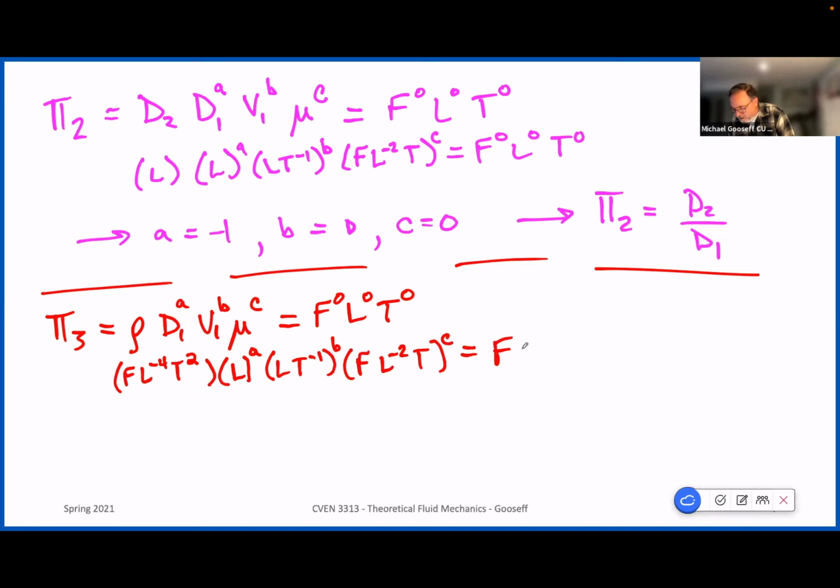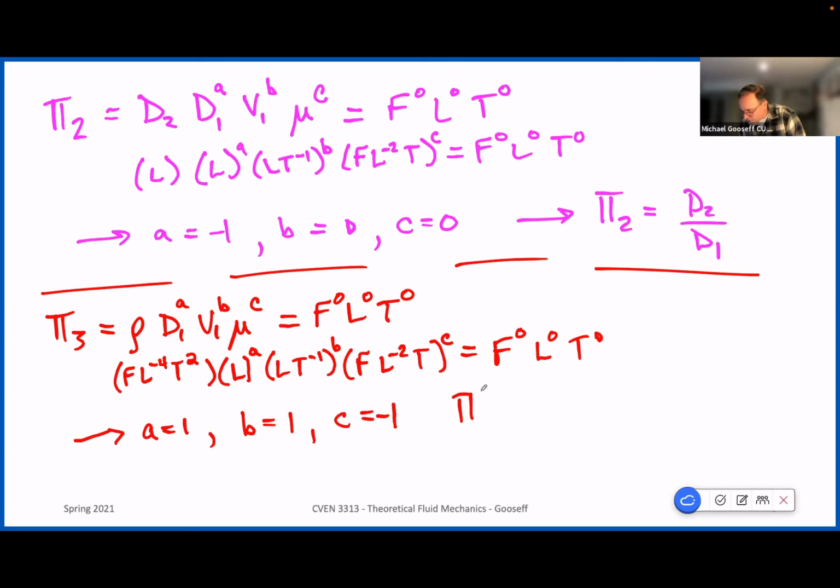Again, we need to figure out A, B, and C so that it is satisfied that we have F to the 0, L to the 0, T to the 0 power. I'll skip the step of making those three equations and three unknowns, and ultimately you should find that A is equal to 1, B is also equal to 1, and C is equal to minus 1.